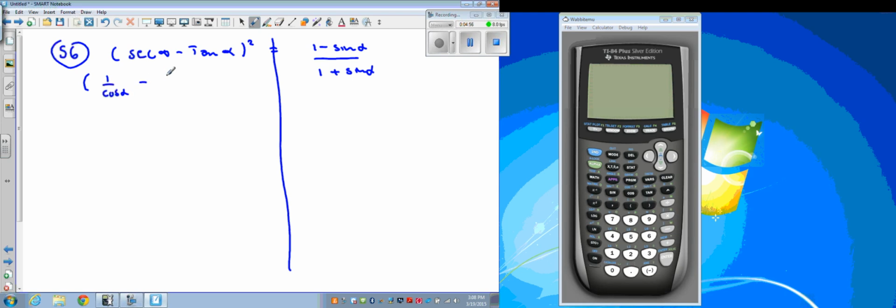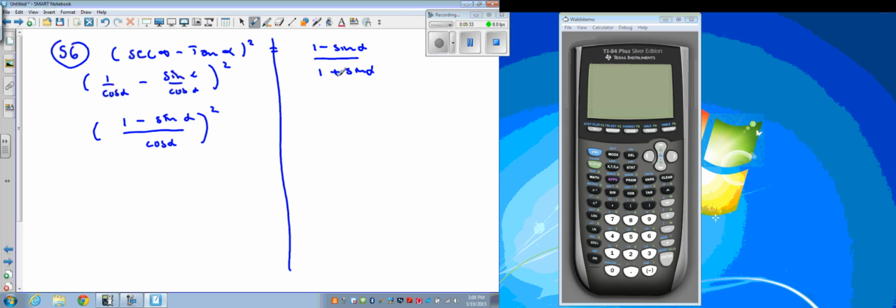Minus sine over cosine, and this is squared. Now notice that this has a common denominator, so I can write this as 1 minus sine alpha over cosine alpha, and that's quantity squared.